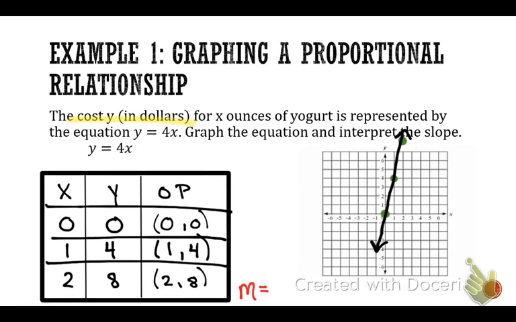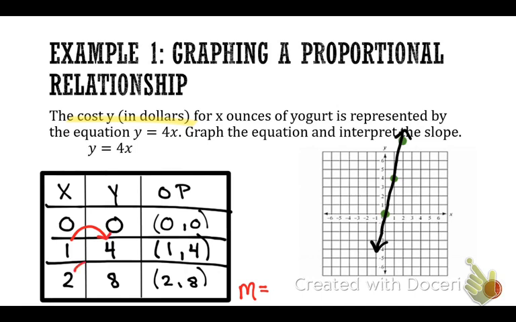So what does this mean, okay? Well, this number that's connected to x, that's the number that is affecting x and turning that value into whatever my y value was. So that 4 means what? My slope. For every ounce of yogurt that I order, how much is it going to cost me? It's going to cost me $4. So if I order 1 ounce, it costs me $4.